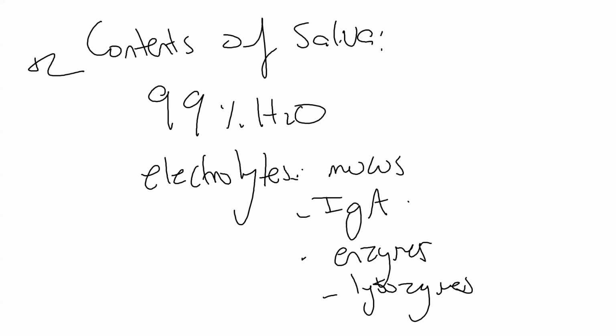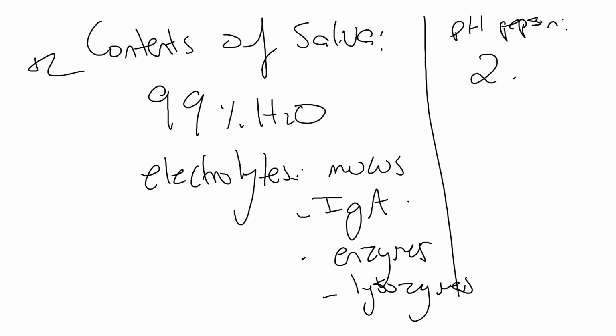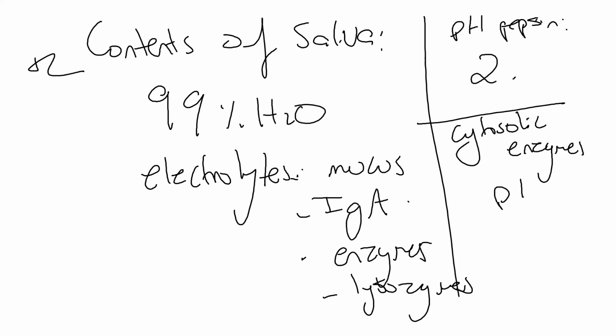The pH where pepsin can work is two. Cytosolic enzymes pH is 7.2, almost neutral.